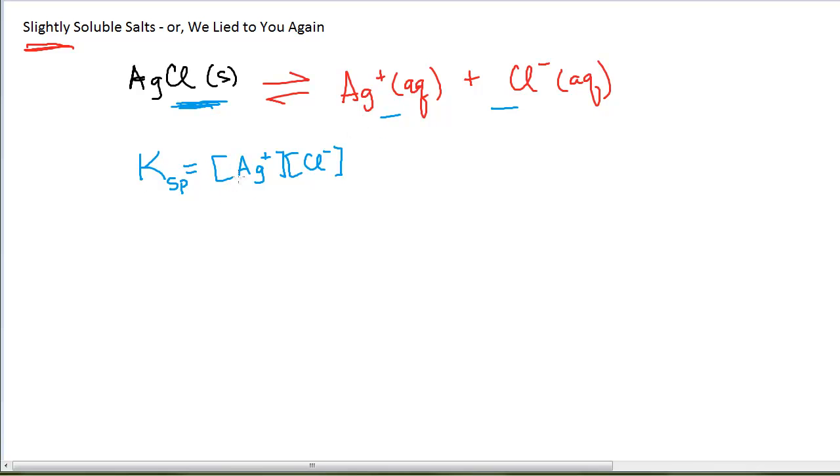So the solubility product constant for silver 1 chloride has this formula, and the numerical value for this is a very small number. At 25 degrees Celsius, my table lists it as 1.8 times 10 to the minus 10, which means only a very, very, very small amount of products are present at equilibrium.